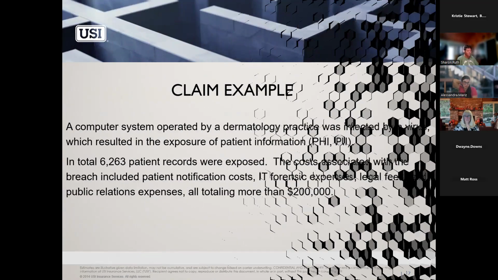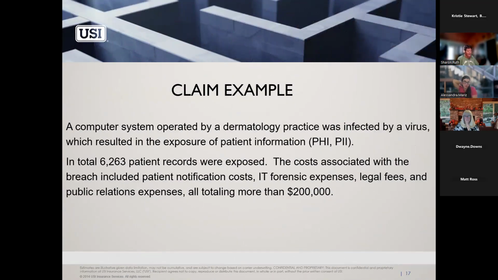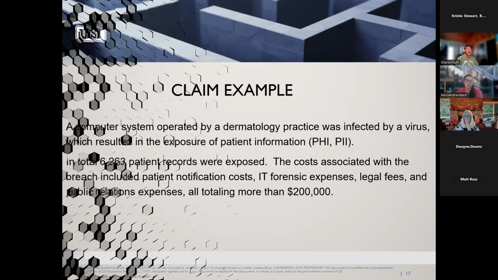I'm not going to read each one of them. If you want the slides, or you're going to go through and listen to the recording again, these are just some examples of different types of practices, what happened, and the approximate costs that were incurred. If you can jump through those, Christy, to the telemedicine titled slide.